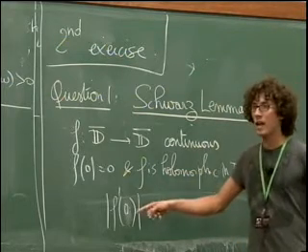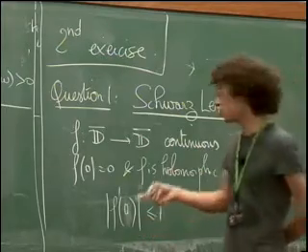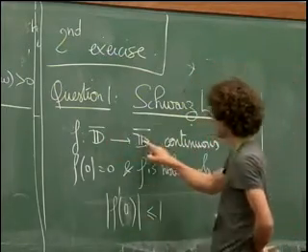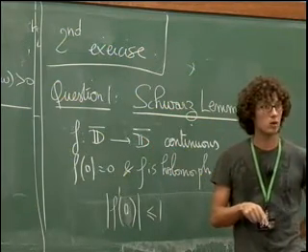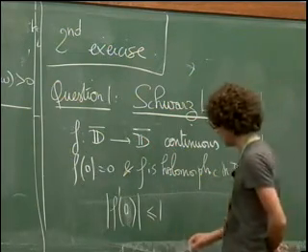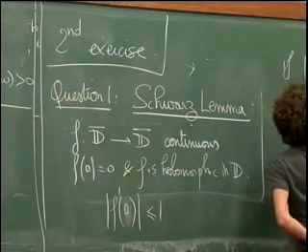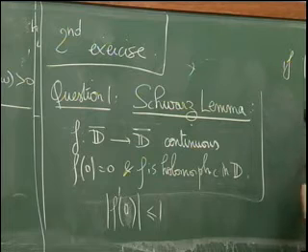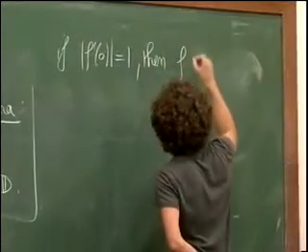So you can estimate the derivative at 0 just by looking at the domains inside which you are defined. OK? And it says even more than that. If the modulus of f prime of 0 is exactly 1, then f is a rotation.